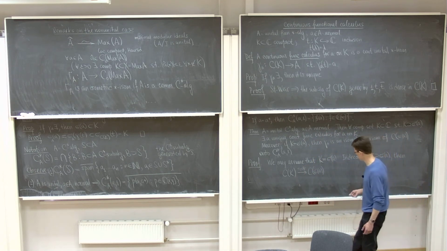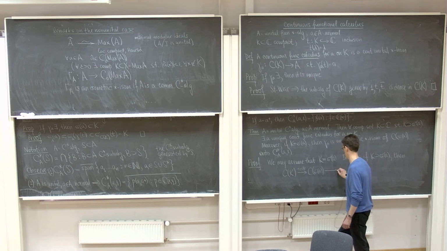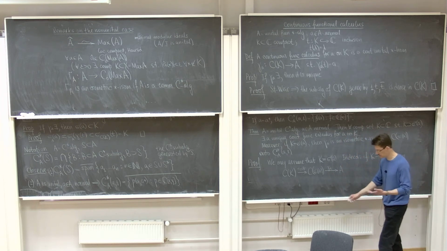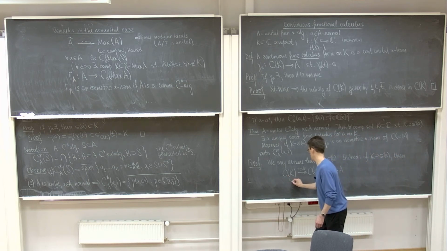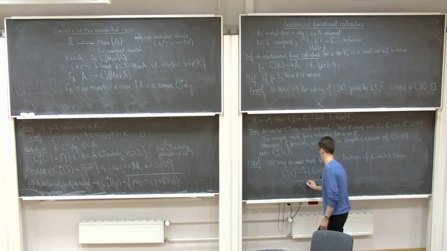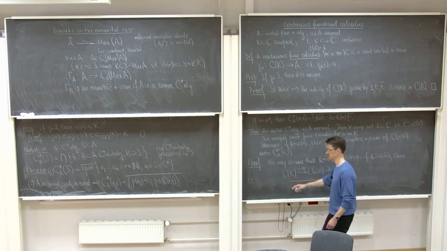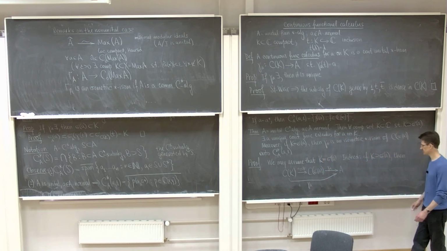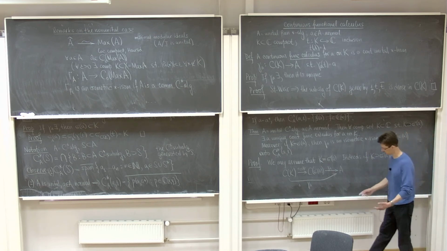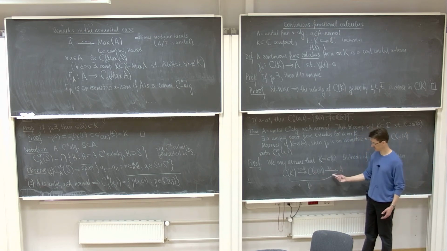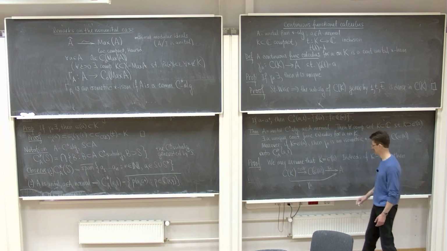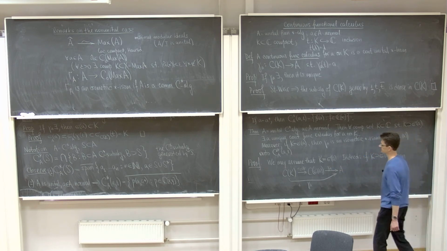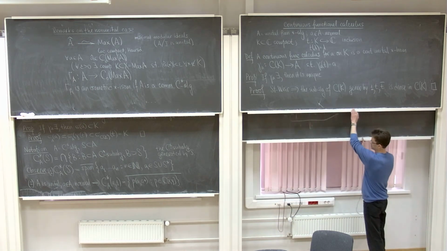So if we have already constructed the functional calculus on this algebra, then we can simply compose these two arrows to get a functional calculus on C of K. So everything is reduced to the existence of this homomorphism, to the functional calculus on the spectrum. So from now on, we assume that K is exactly the spectrum.